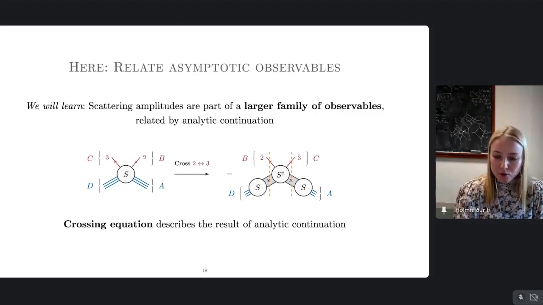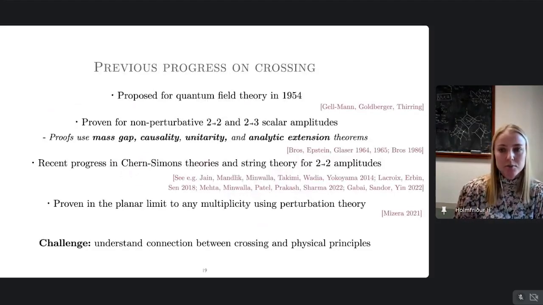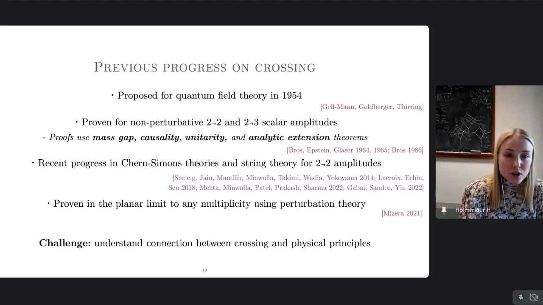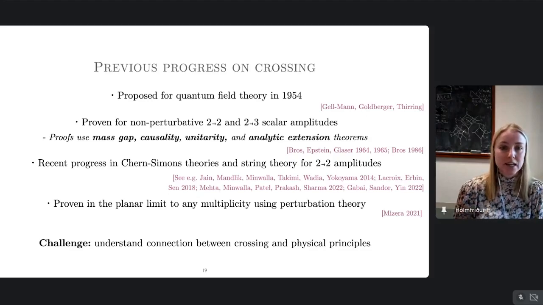Okay. Before we go on to the next part, let me tell you a tiny bit about the history of crossing symmetry. It's a very old idea. It was proposed for quantum field theory in 1954 by Gell-Mann, Goldberger, and Thirring. And it's proven for non-perturbative 2 to 2 and 2 to 3 scalar amplitudes in a series of papers by Bros, Epstein, and Glaser in the 60s, and then by Bros in the 80s.